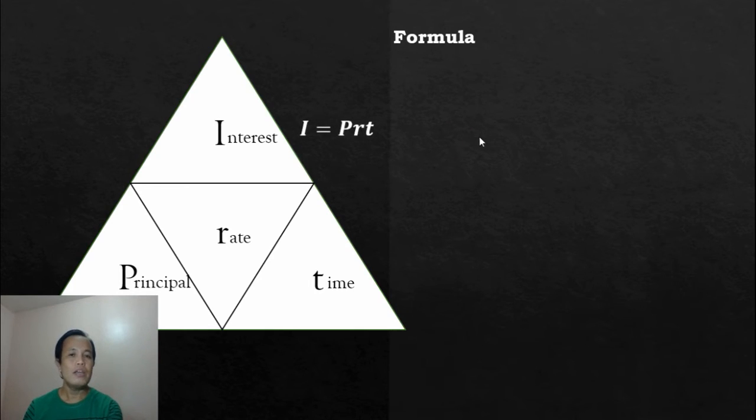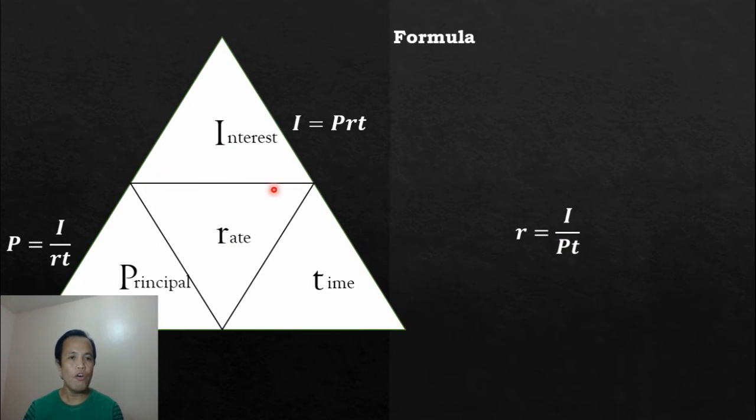How about if we are going to solve for the principal? If the principal is unknown, or the P is unknown, our formula is P is equal to interest over rate times the time. That's for the principal. For the rate, R is equal to the interest over the principal times the time.